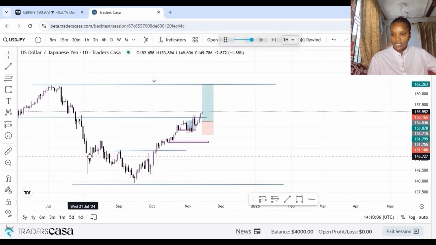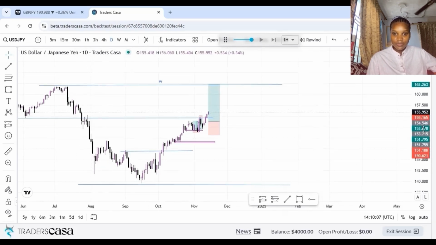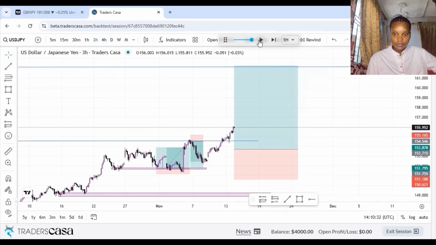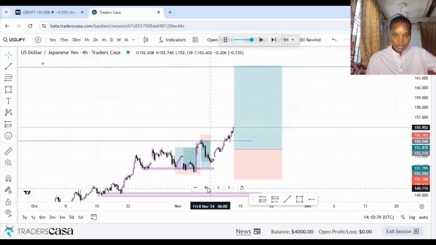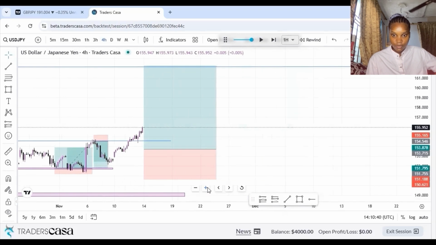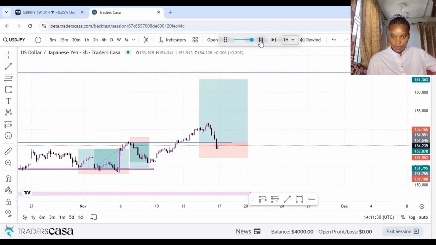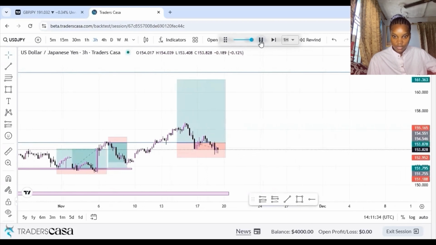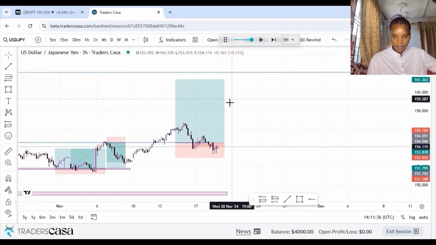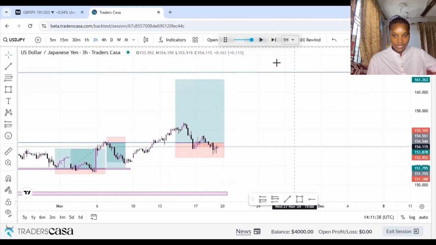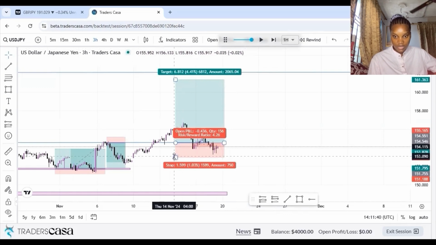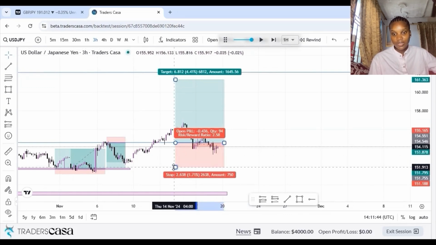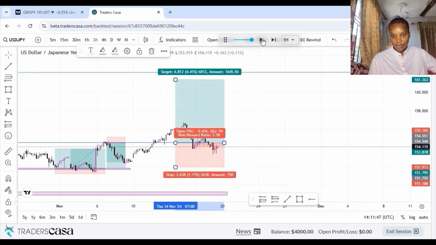So right now, all I just need to do is what? Wait. So let me play. Let's see if price is going to come and trigger us. Price has come and triggered us. And I think my SL was, let's make it 26 pips and see.